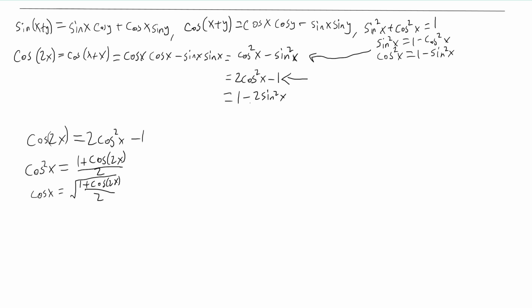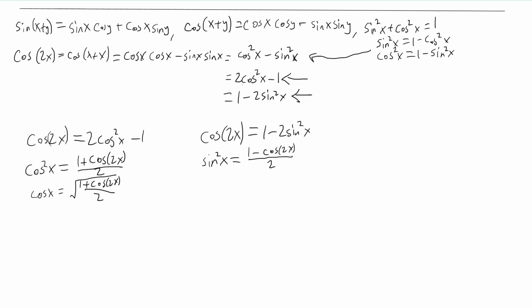Now, let's focus on that formula now. Cosine 2x is 1 minus 2 sine squared of x. Again, I want to solve for sine of x, so we get sine squared of x is 1 minus cosine of 2x over 2.